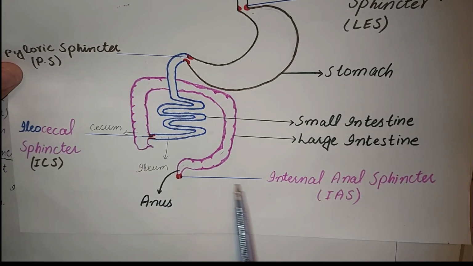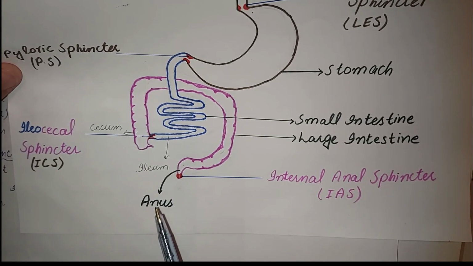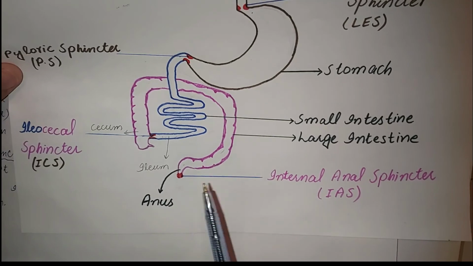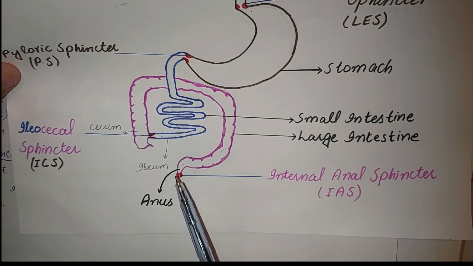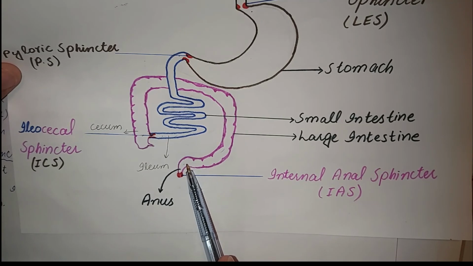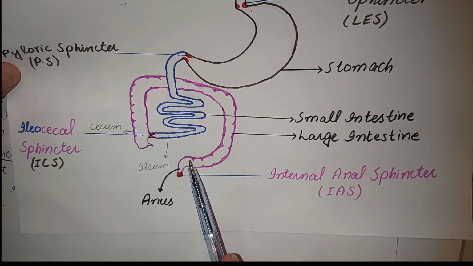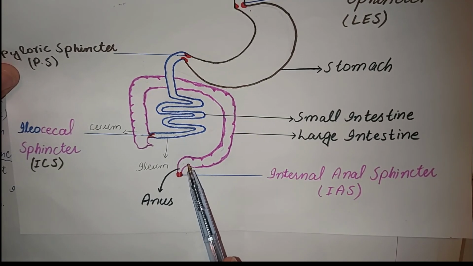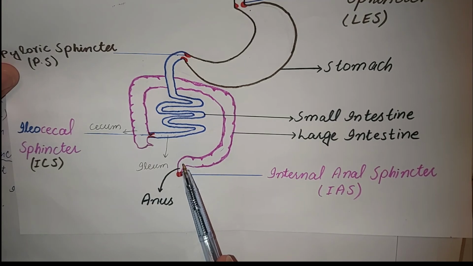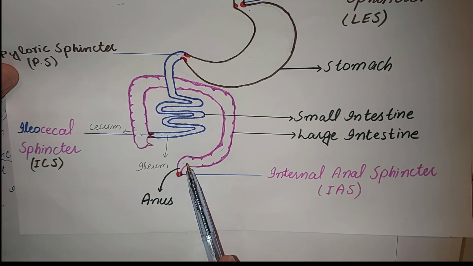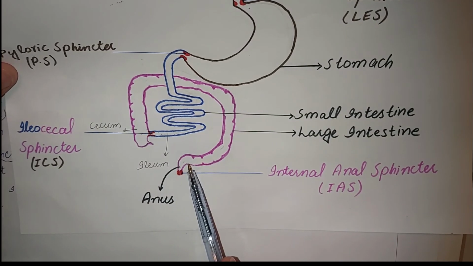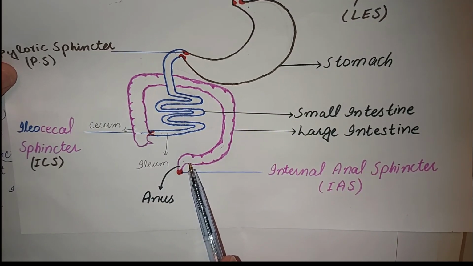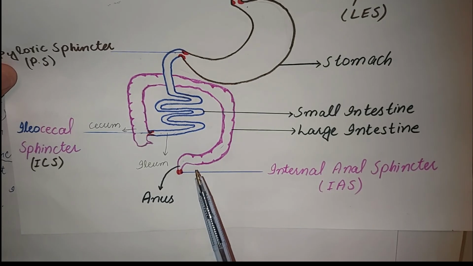Here is the internal anal sphincter. It helps keep the fecal material in the rectum until defecation control is possible.